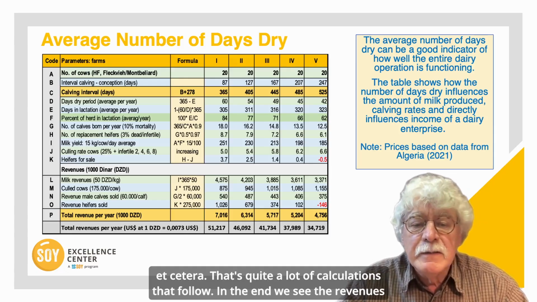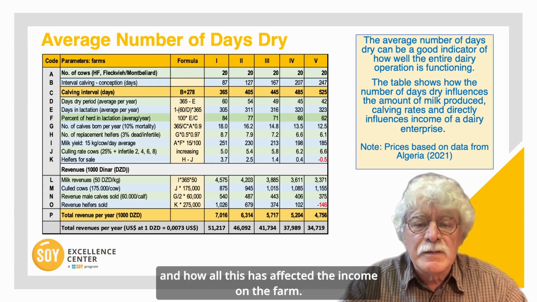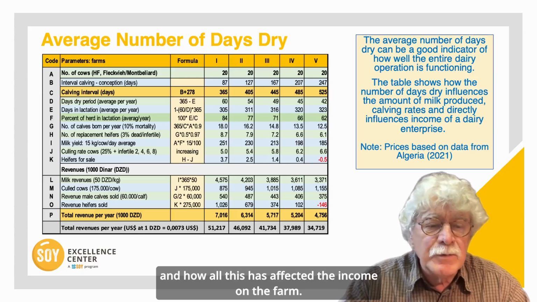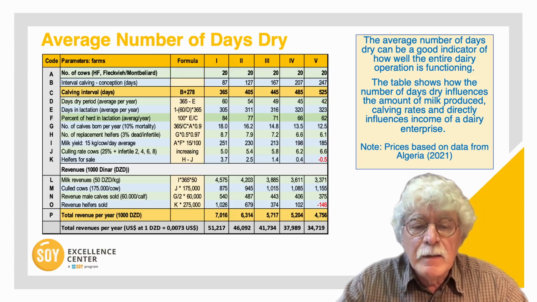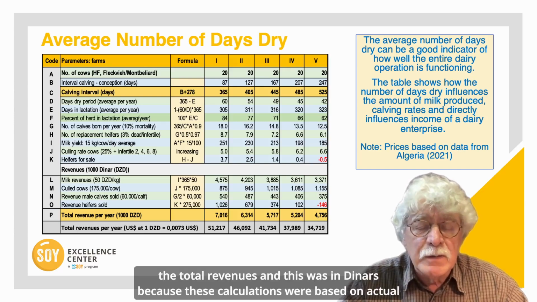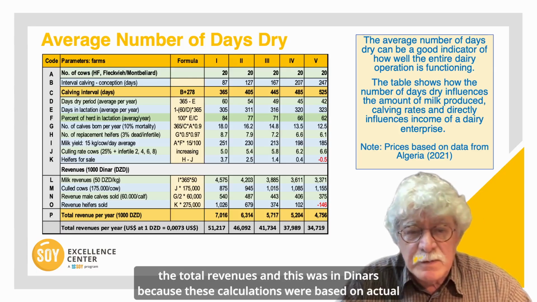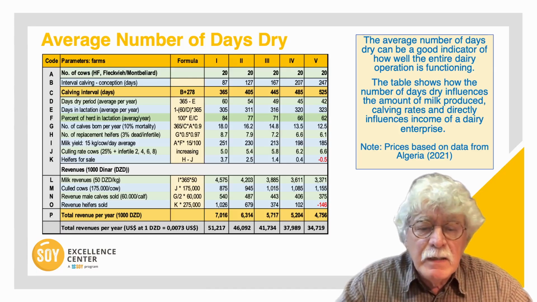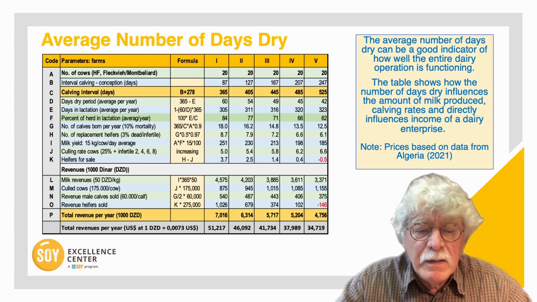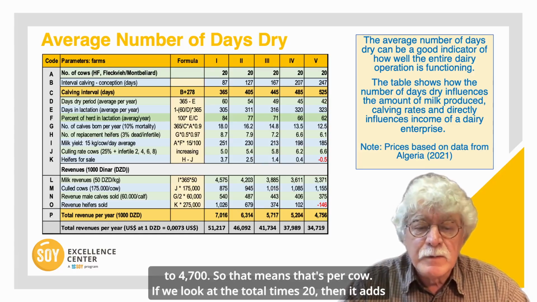In the end, we see the revenues and how all this has affected the income on the farm. The total revenues, and this was in dinars because these calculations were based on the actual situation in Algeria. $7,000 to $4,700.